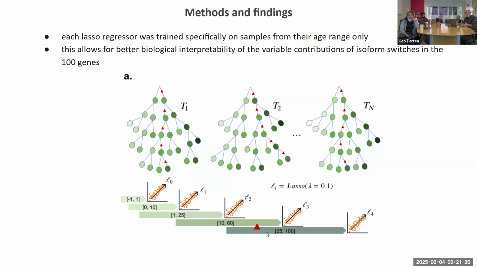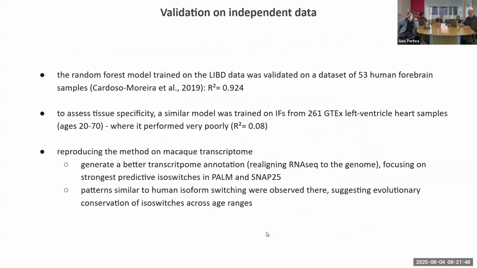This was a way to allow for building different linear models with some overlapping and having a smoother transition between various stages. Now, there was some validation on independent data. One good validation was on a similar random forest model trained on repeated training, and the whole approach was reproduced on a data set of 53 human forebrain samples, and they got this R-square of 0.992.